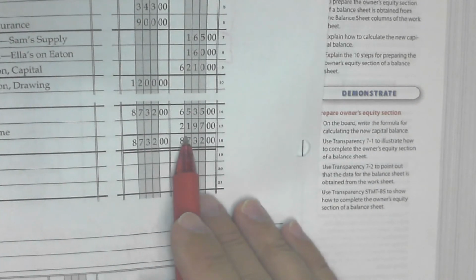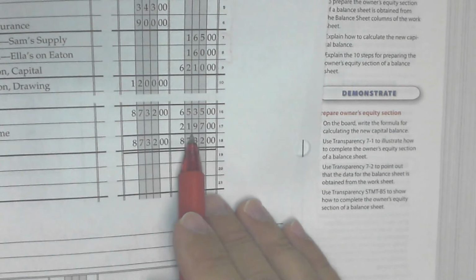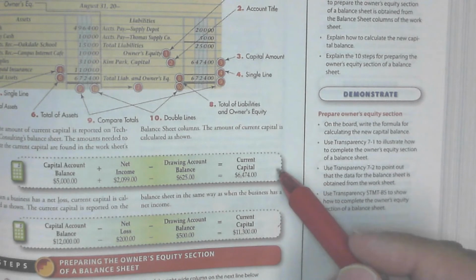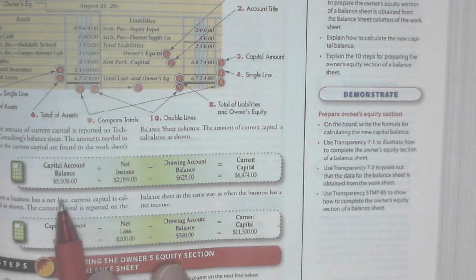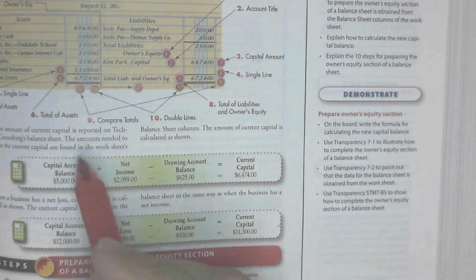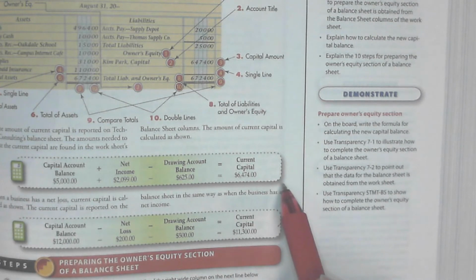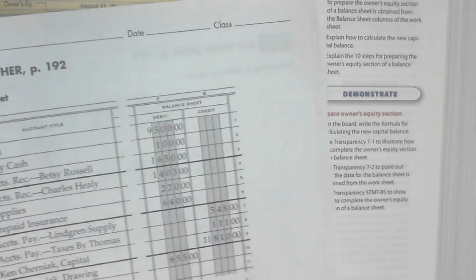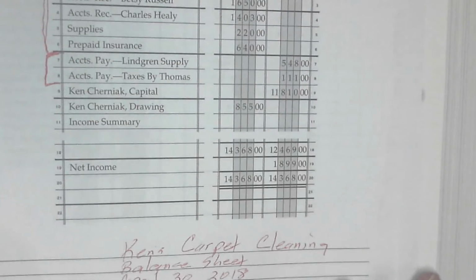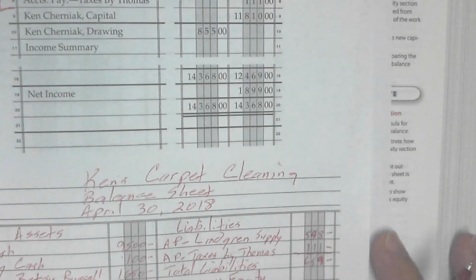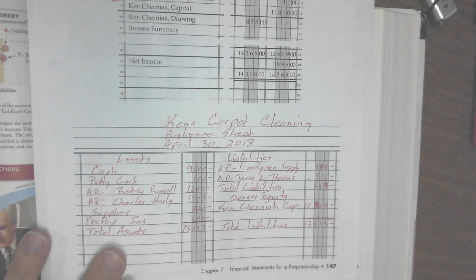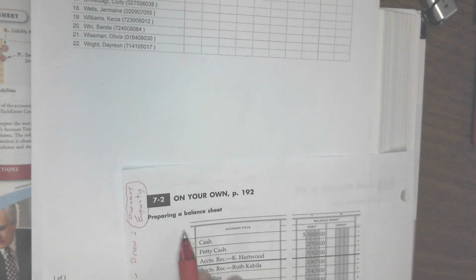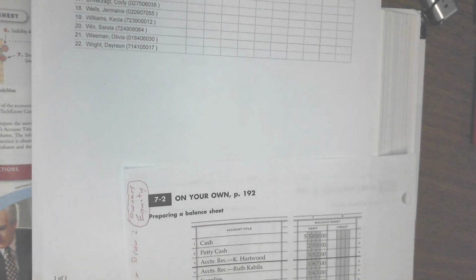No, we don't have a loss on the other side, so you don't have to worry about that. So all you're going to do is remember, when you get to that bottom part for the owner's equity, just use this top formula right here on page 189. You got to do the 7-2 on your own.